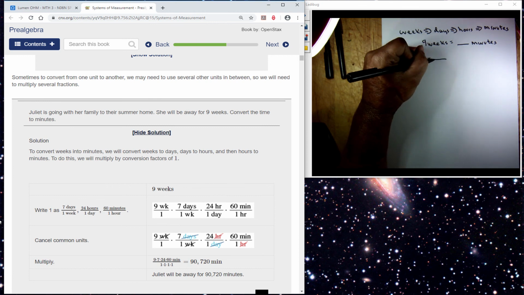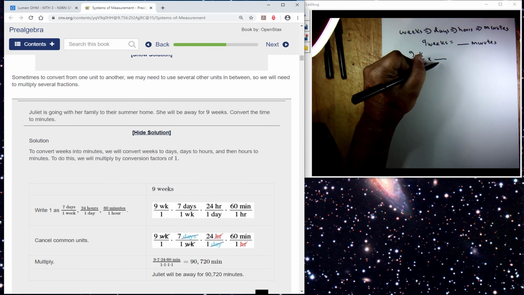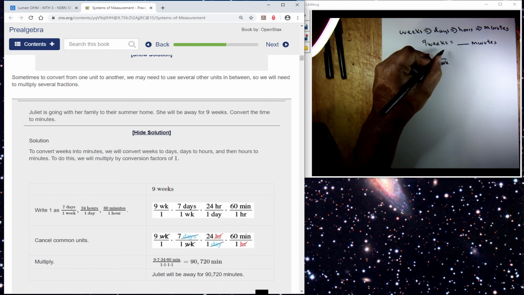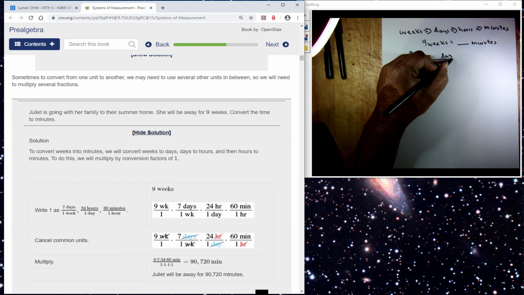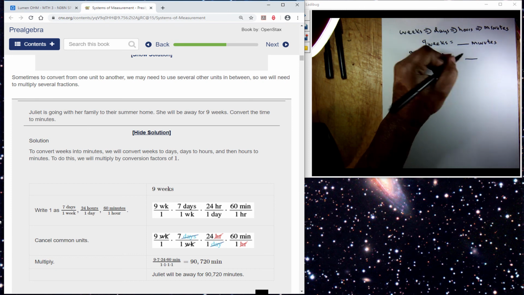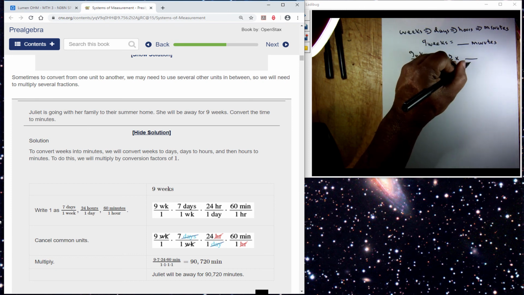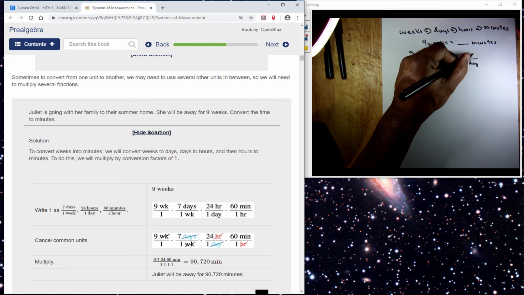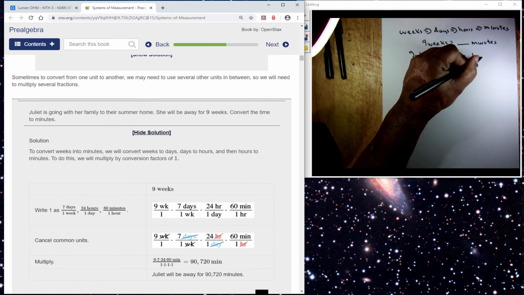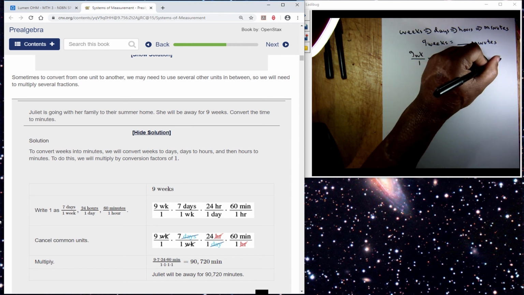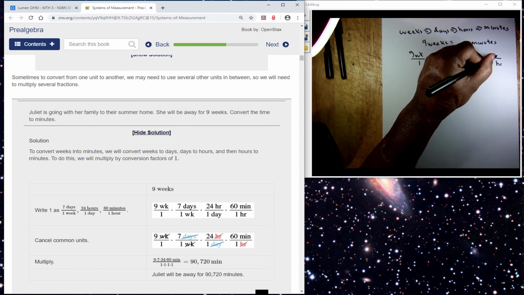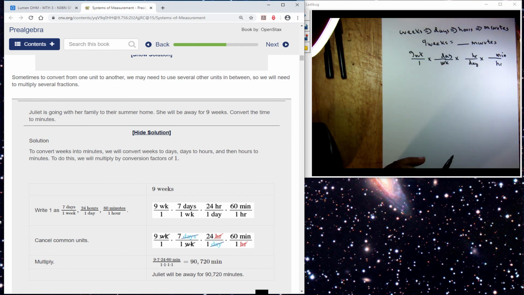I want weeks to cancel out, and I want to replace it with days. But then I want days to cancel out and replace it with hours. And then I want hours to cancel out and replace that with minutes. That's what I want to have happen.